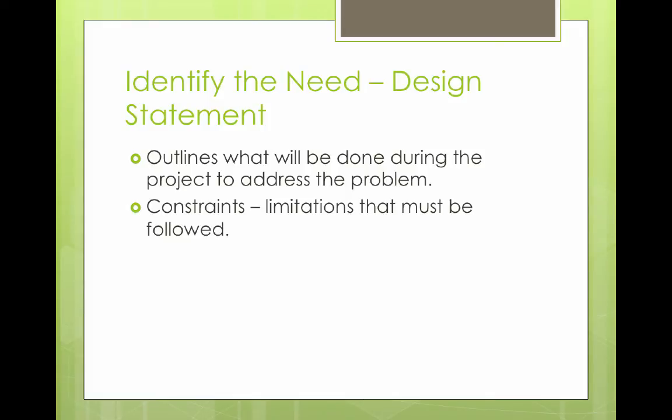Next, we need to focus what we're going to do for our design. And that is what the design statement does for us. So in a design statement, we outline what's going to be done during the project to address the problem. And we might have some constraints included here, really important limitations that have to be followed. So our design statement might be different depending on the company we work for or the interests that we have in the problem.